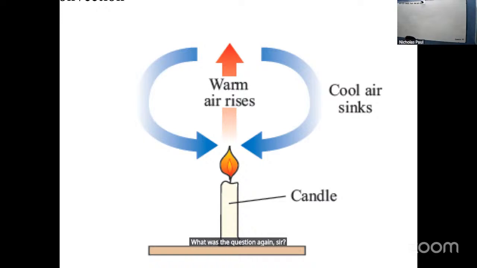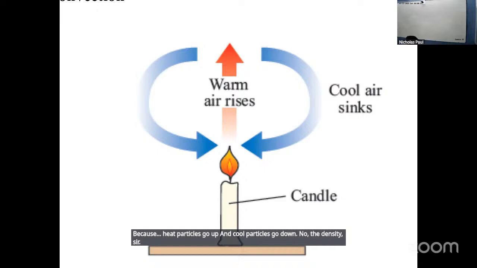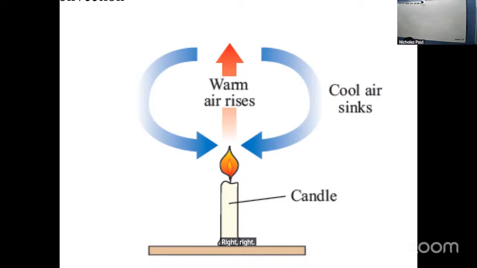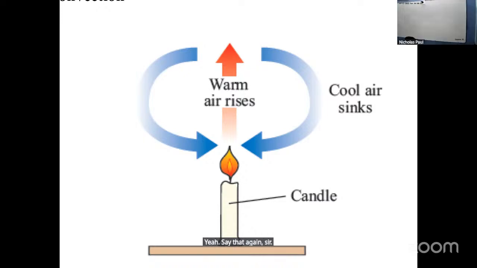Why during convection does the warm air rise and the cool air take its place? Because heat particles go up and cool particles go down. No, the density, sir. Explain it in terms of density.